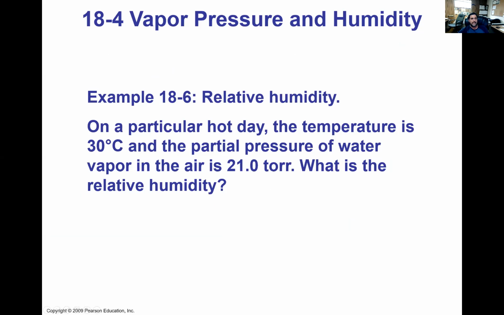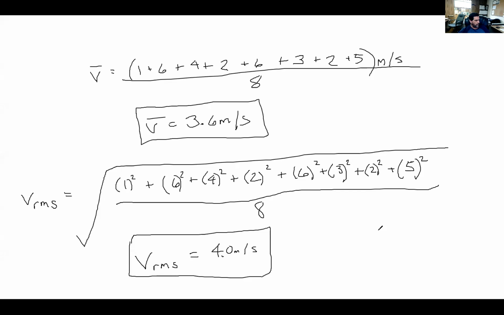So what you would need to do this problem is, in addition to knowing what they gave us, that at this 30-degree day you're at 21 torr, right? You need to look up, or you'd need to be given, the vapor pressure at 30 degrees C, which is 31.8 torr.